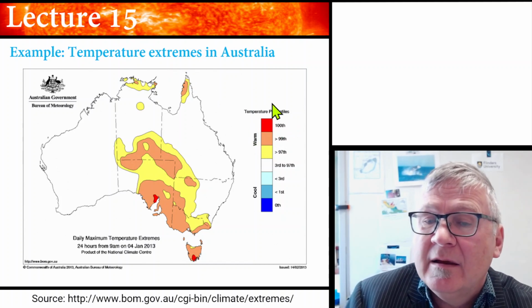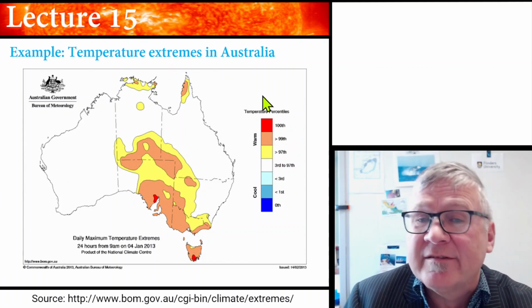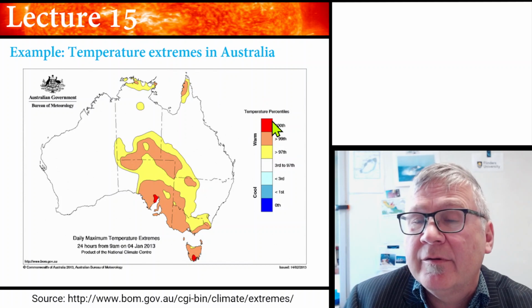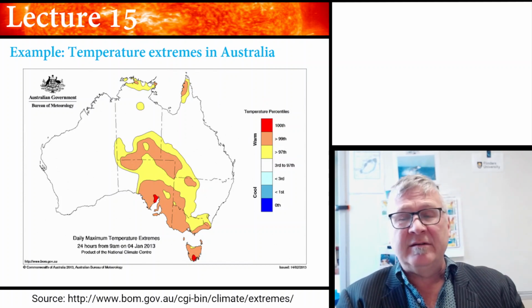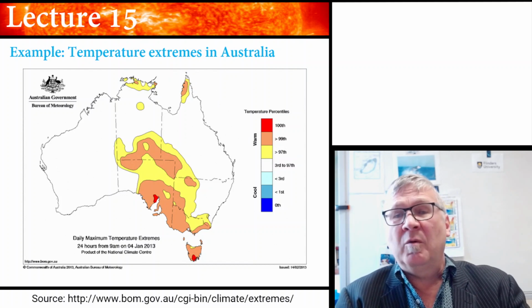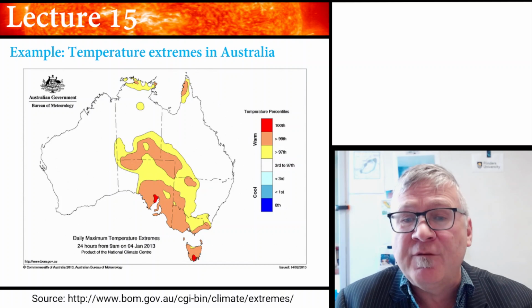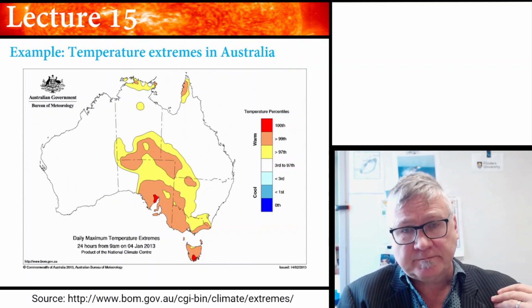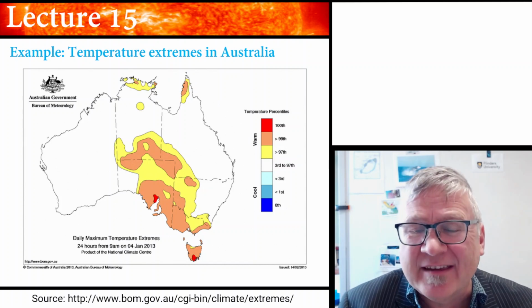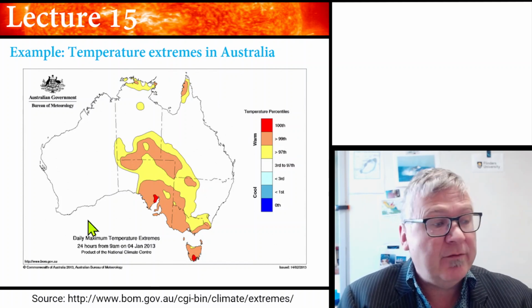The 100th percentile means that's the hottest ever recorded temperature. Think about these distributions that you get. The one in a 1,000 event corresponds to the 99th percentile, 99%, and have a look at that.